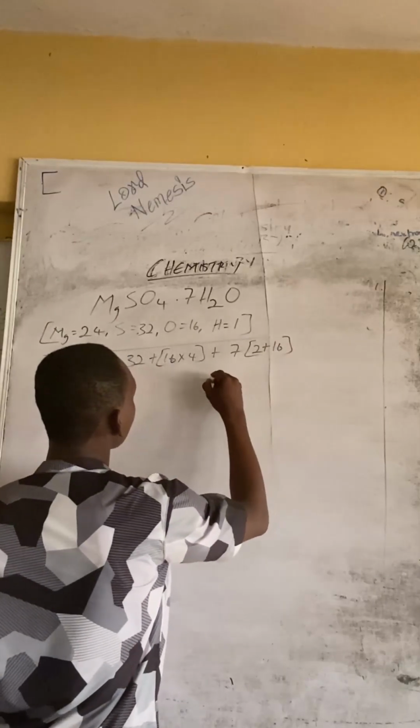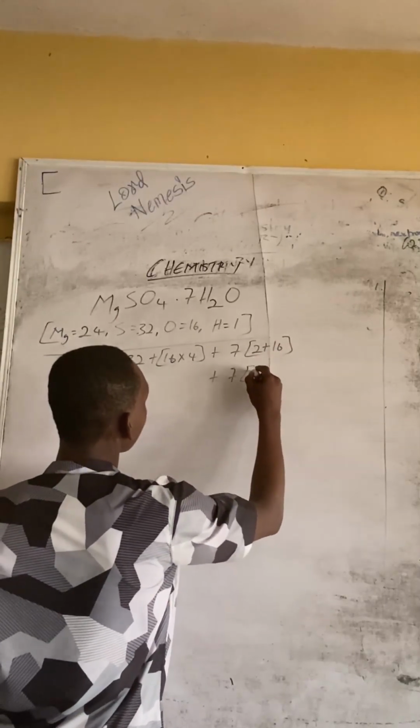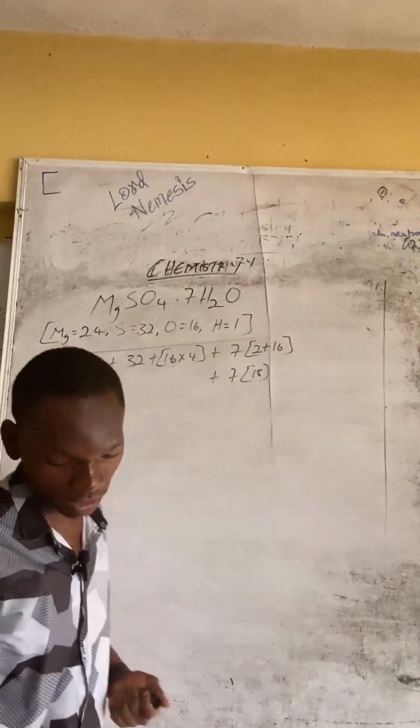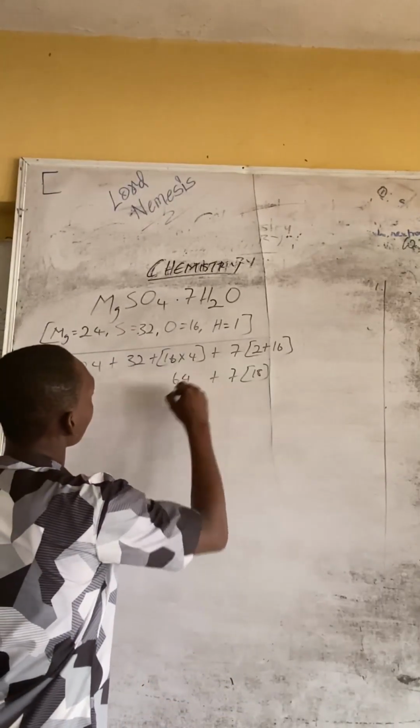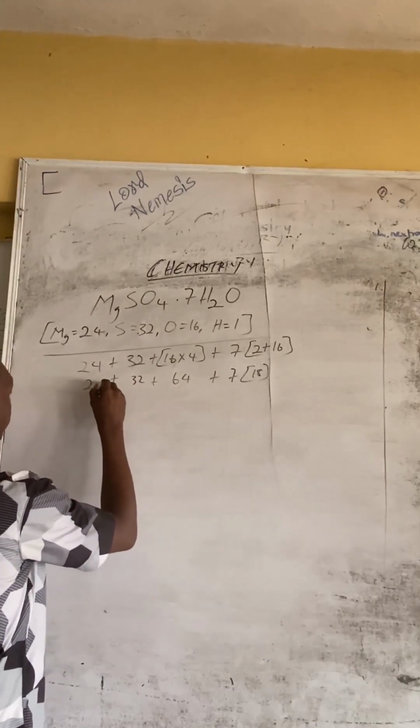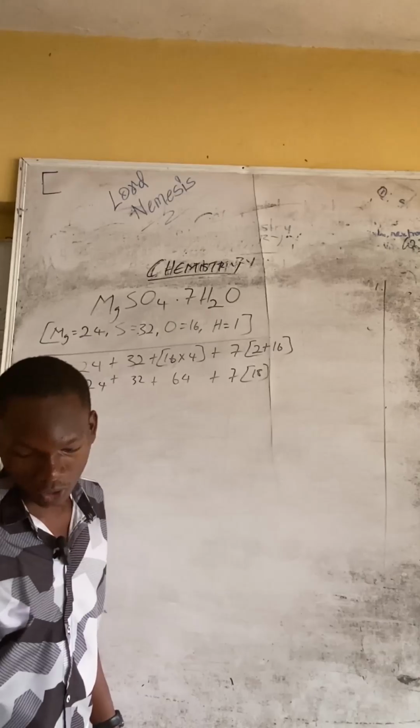16, which gives us 18 here, and 16 times 4 gives us 64, and this will give us 32 plus 24. I've simply summed all that.